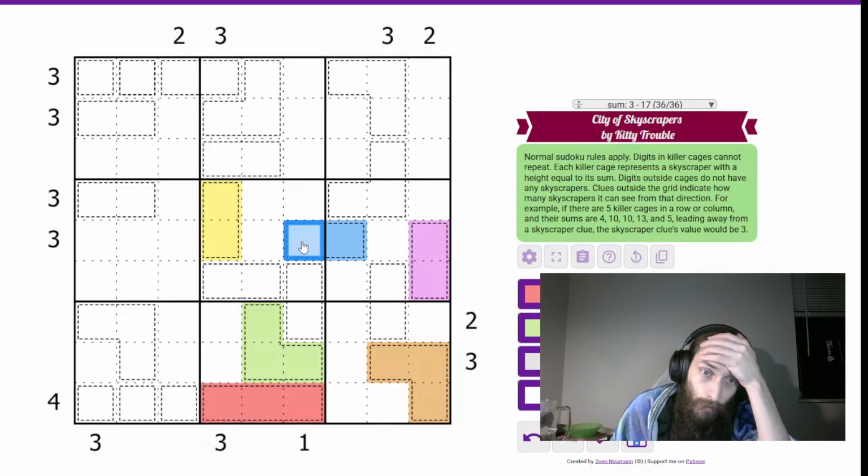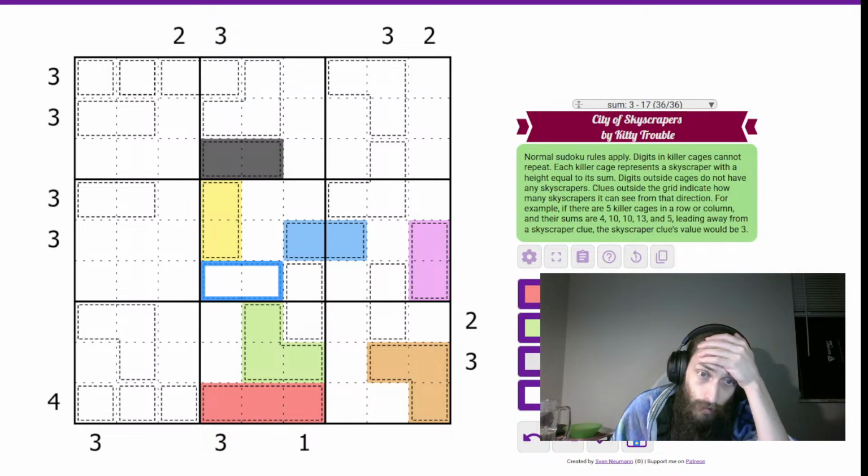Well, yellow is smaller than blue, which is smaller than purple, which is smaller than orange, which is smaller than green, which is smaller than red. Therefore, yellow is smaller than red. Well, what does that mean? It means that this 3 cannot see this yellow, which means its wall has to be over here. This one is the largest in this column, because if this one was the largest in this column, or this one, then this 3 wouldn't work.